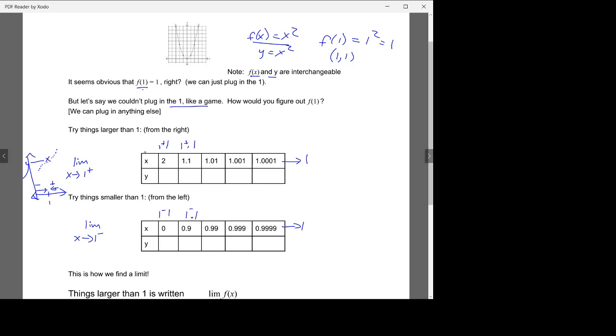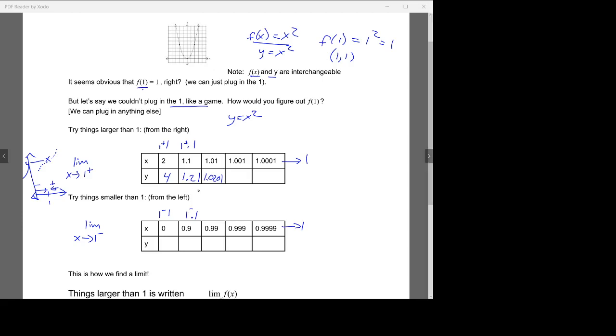So if you plug 2 in, and we're looking at, in this case, y equals x squared, you could say 2 squared is 4. 1.1 squared is 1.21. 1.01 squared, it's calculator time here, 1.0201. And then the fun part of this is sometimes you see crazy patterns you never thought about.